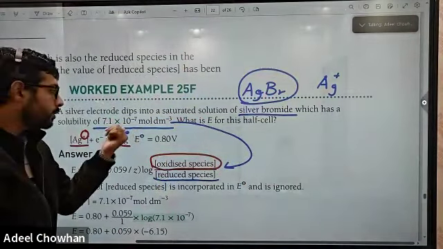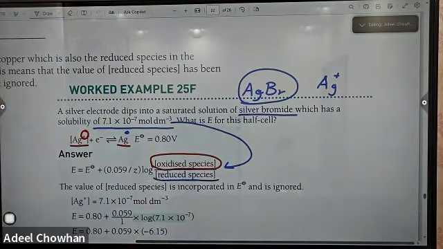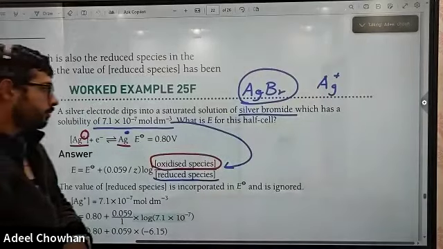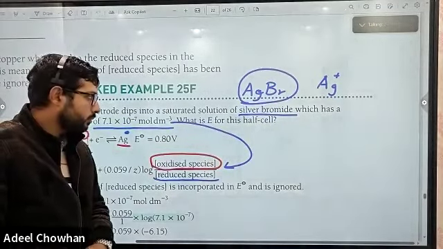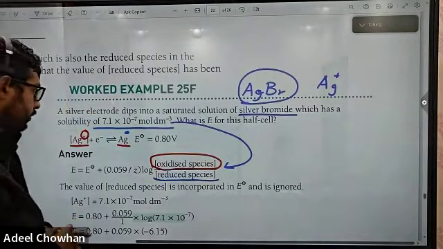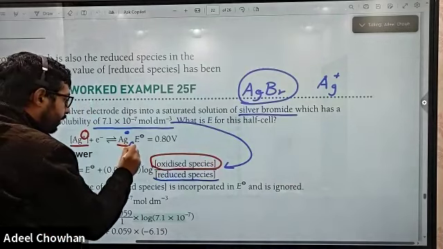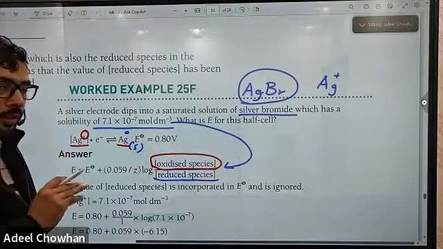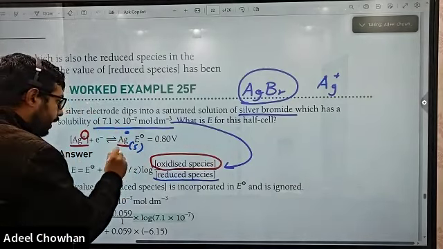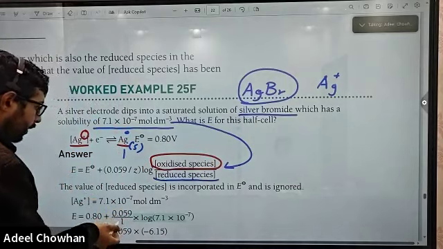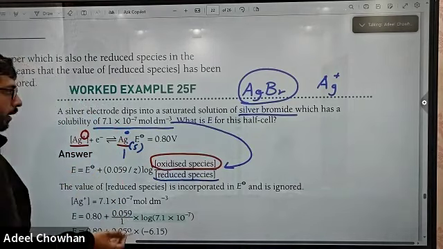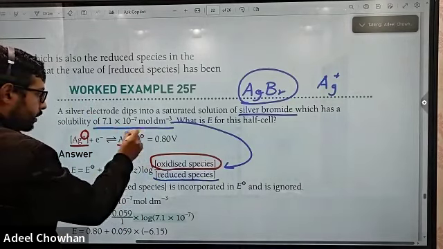We have to substitute this value in the numerator. Which value will I use in the denominator? The Ag is in the solid form, so it has no value. We do not take it as 0, we take it as 1. So 1 is assigned to the solid Ag.